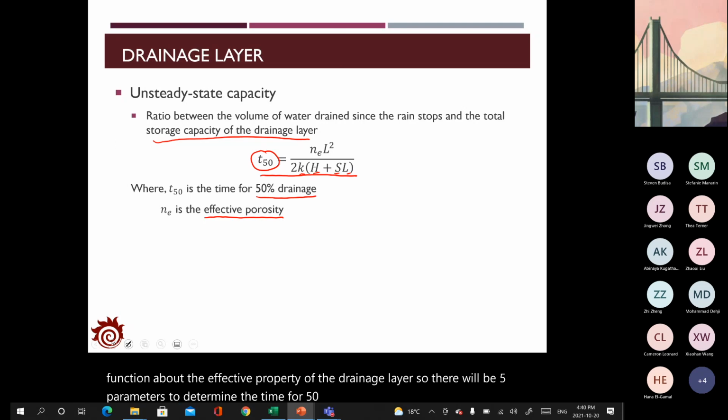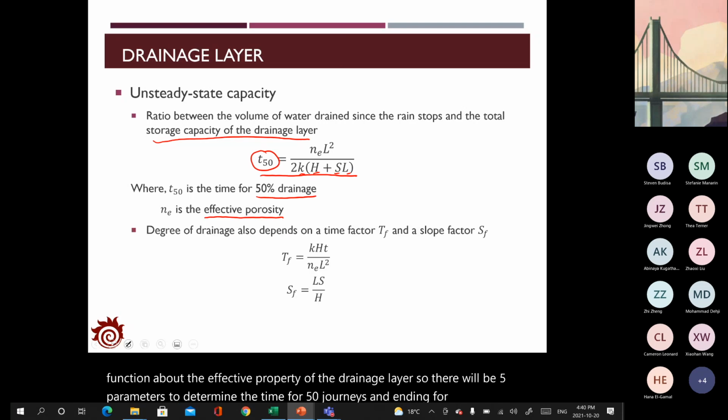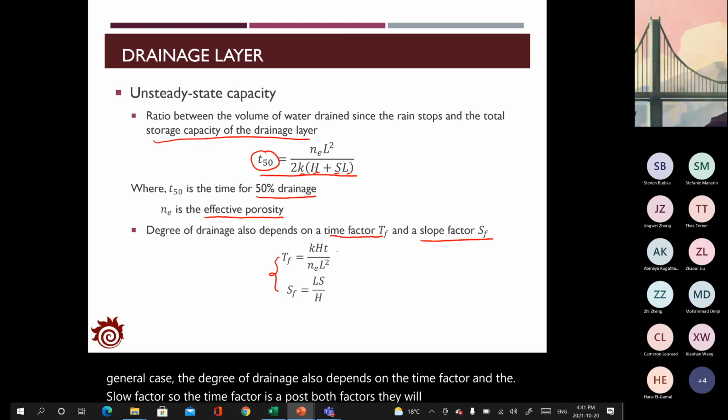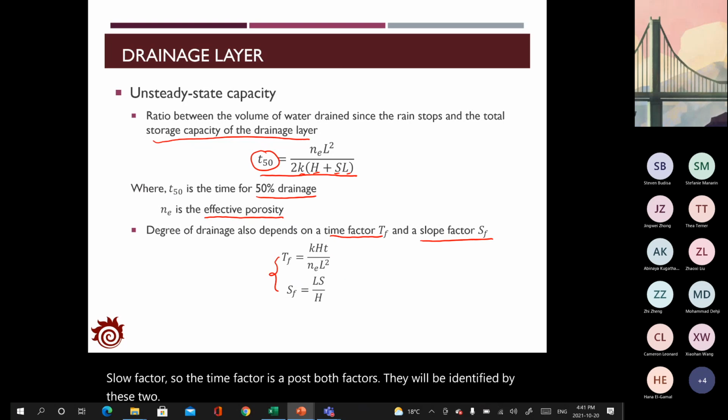And in addition, for the general case, the degree of the drainage also depends on the time factor and the slope factor. Both factors will be identified by these two equations.